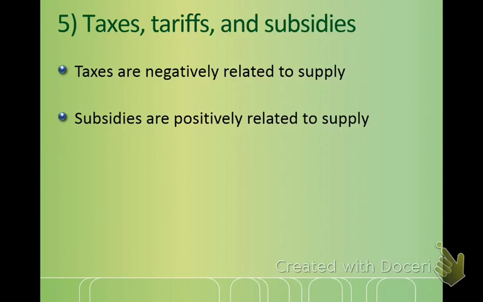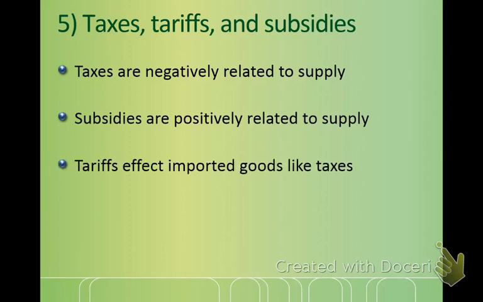That's why your tuition to a school like Indiana or Purdue is less than the tuition to a private college like Notre Dame, because the state wants to encourage people to get a degree, so they subsidize education at state colleges. They pay part of the cost so that the tuition is not as much. So subsidies are positively related to supply.